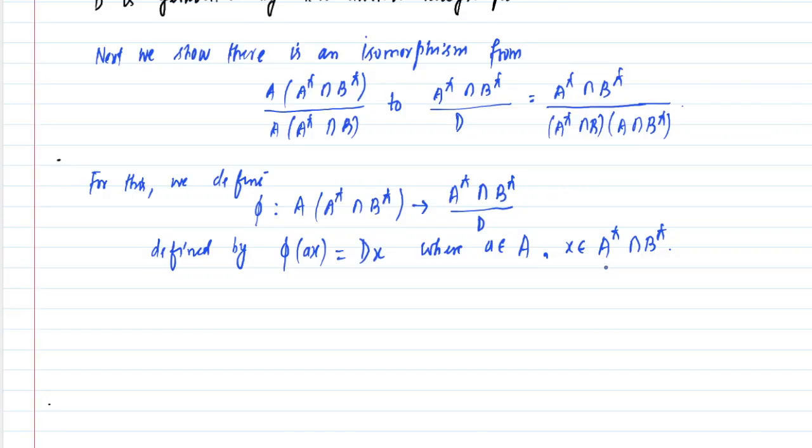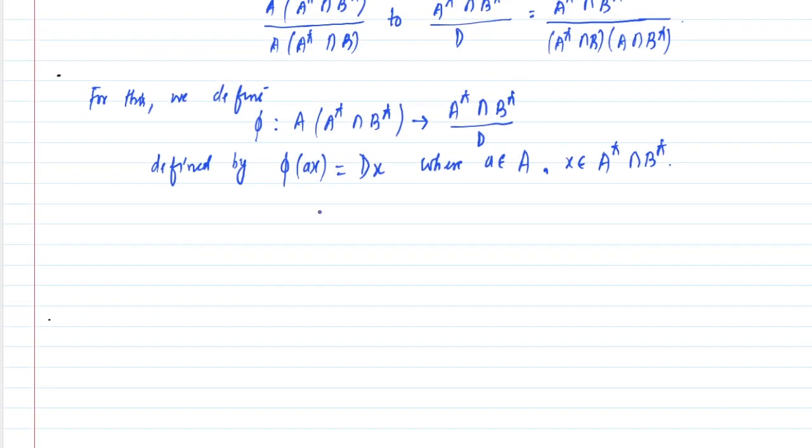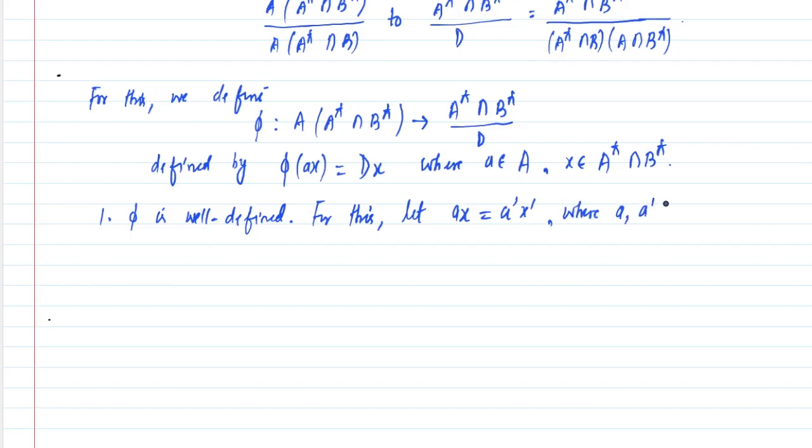We show this is a 1-1 onto homomorphism so that we prove an isomorphism. So the first step of our mapping must be that this mapping is a well-defined map. So we first show pi is well-defined. For this, let ax is equal to a dash x dash, where a and a dash are elements of A and x, x dash are elements of A star intersection B star.